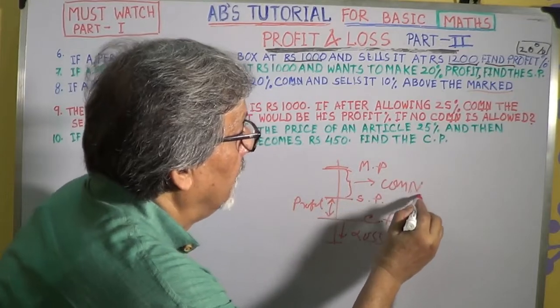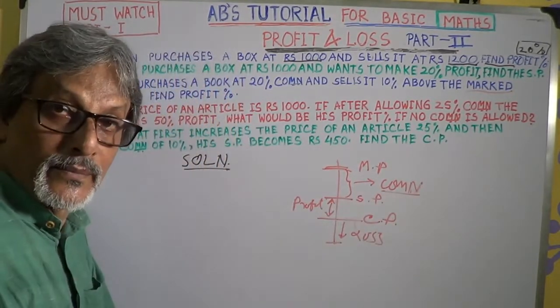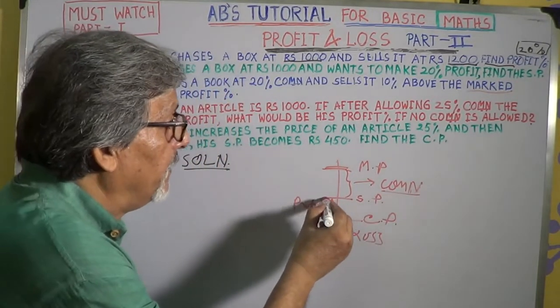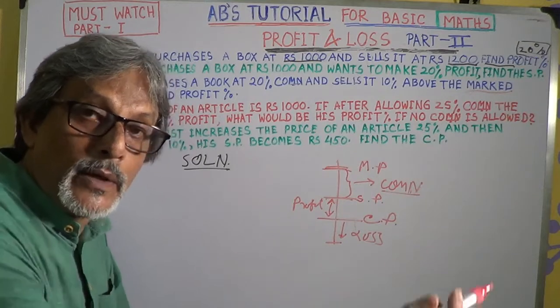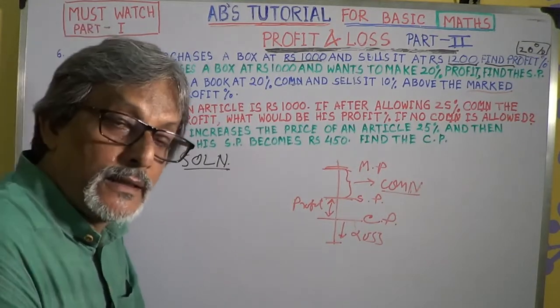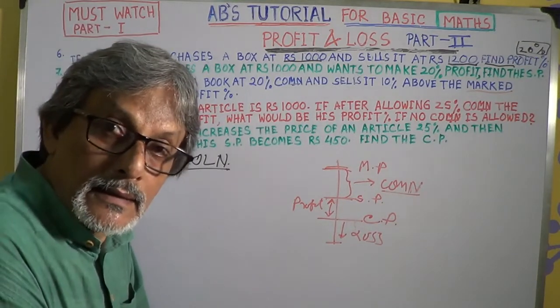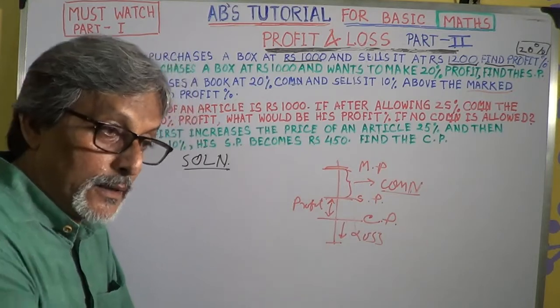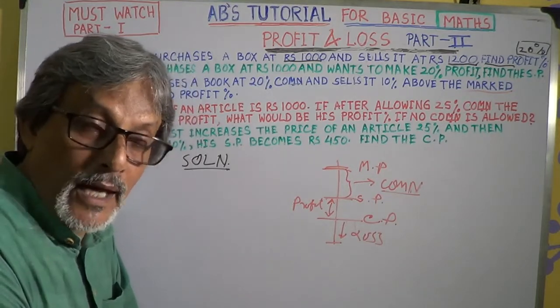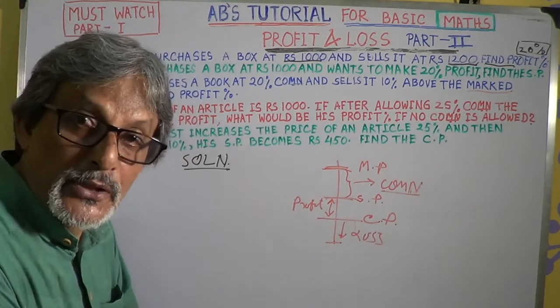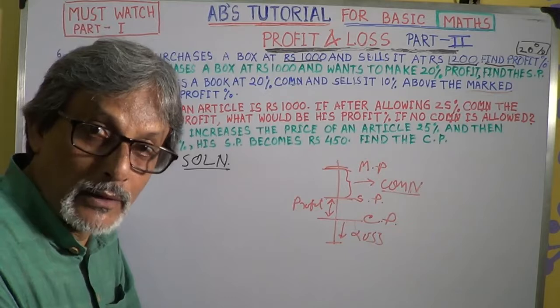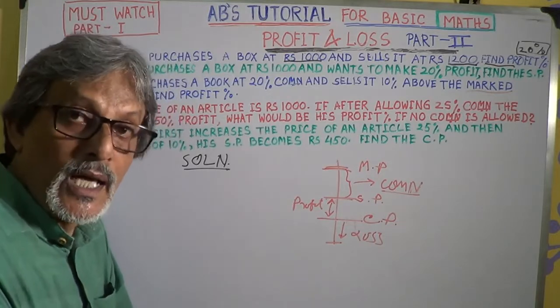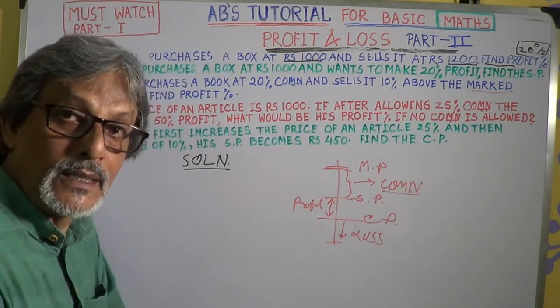Okay, and then he allows a commission, and then we get the selling price. When we go to purchase anything, generally the shopkeeper says that the marked price is rupees this, and you are getting 20% commission, and the price, so the selling price is this.